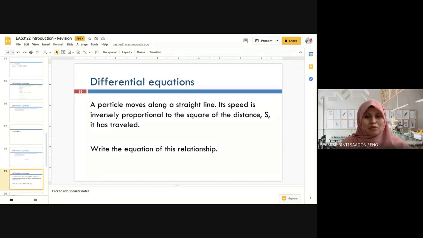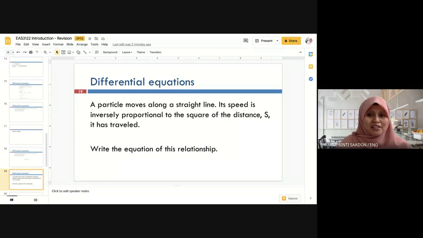A particle moves along a straight line. Its speed, okay. You know the derivative of distance is speed, so use that definition. So you have speed is inversely proportional to the square of the distance.